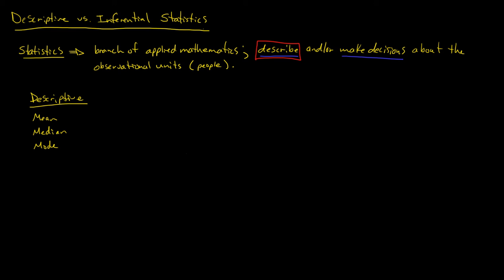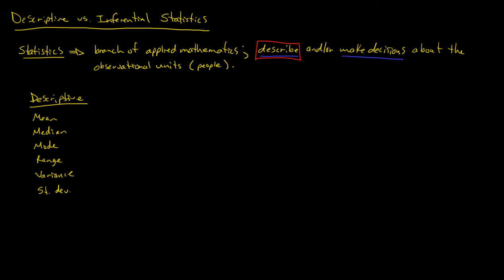I'm not going to have an exhaustive list here, but we also talked about the range, variance, standard deviation and other things. We had graphing, histograms and box plots, and we talked about the normal curve. Lots of different things, but we were all on this descriptive side of the equation.